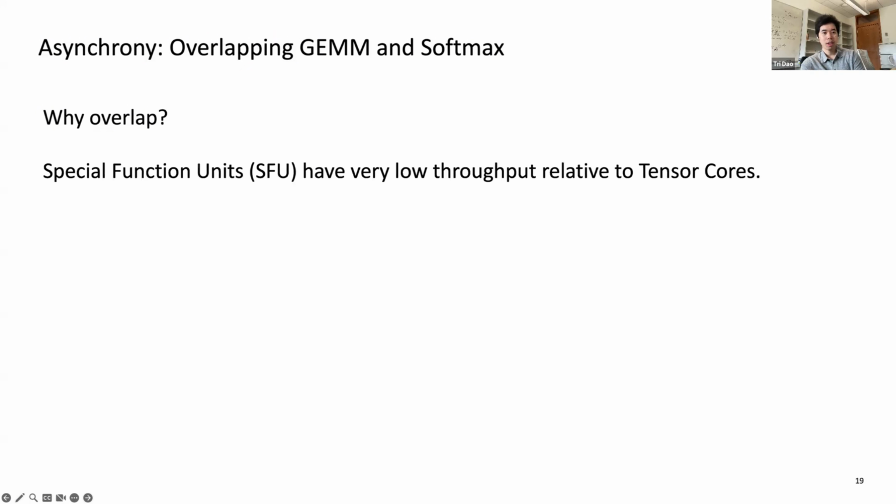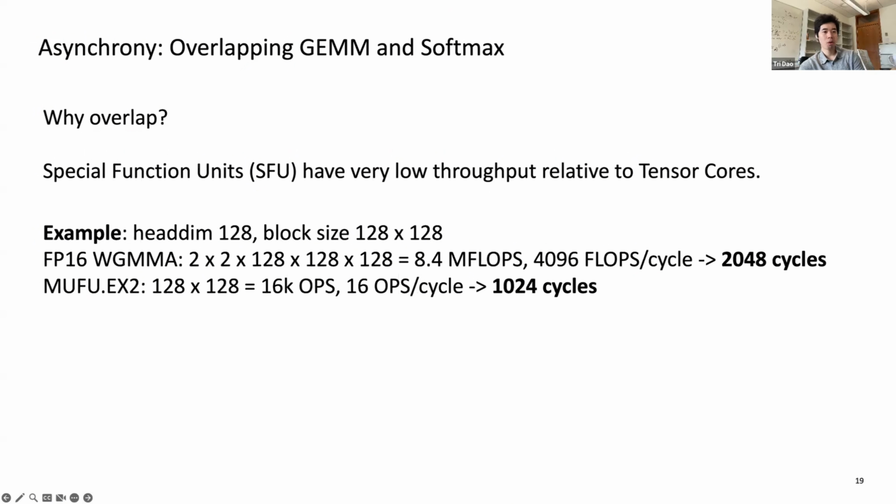If you work out the math, it turns out the hardware unit responsible for doing exponential has very low throughput relative to tensor cores. Put another way, the tensor cores are so fast, with much higher throughput than the unit that computes exponential. As an example, we don't have to work out all the numbers here, but let's say for a block of 128 by 128, head dimension 128, the tensor core instruction, even though it performs millions of operations, takes about 2000 clock cycles. Think of a clock cycle as around 1 nanosecond.